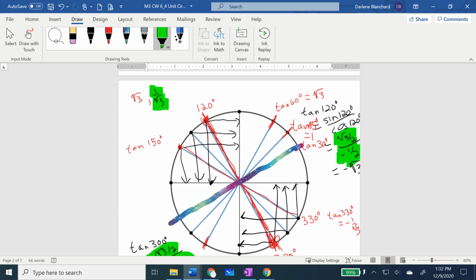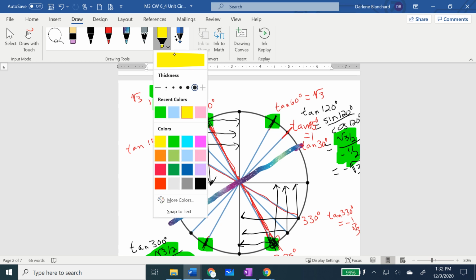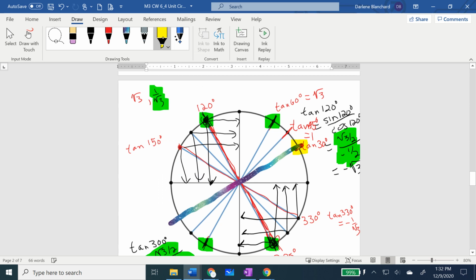That means it's helpful for you to realize that steeper means the tangent is plus or minus √3. Less steep means the tangent is either 1 divided by √3 or negative 1 divided by √3.